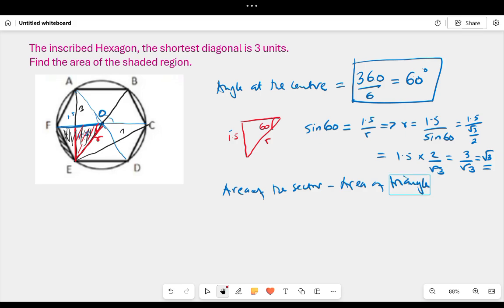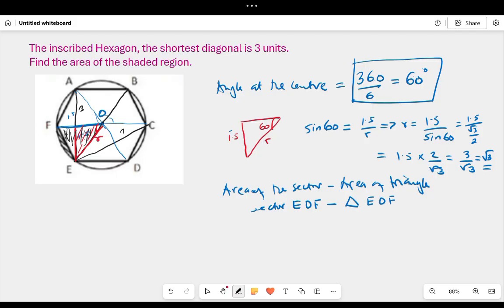Now, the area of sector EOF. So we have sector EOF minus triangle EOF.